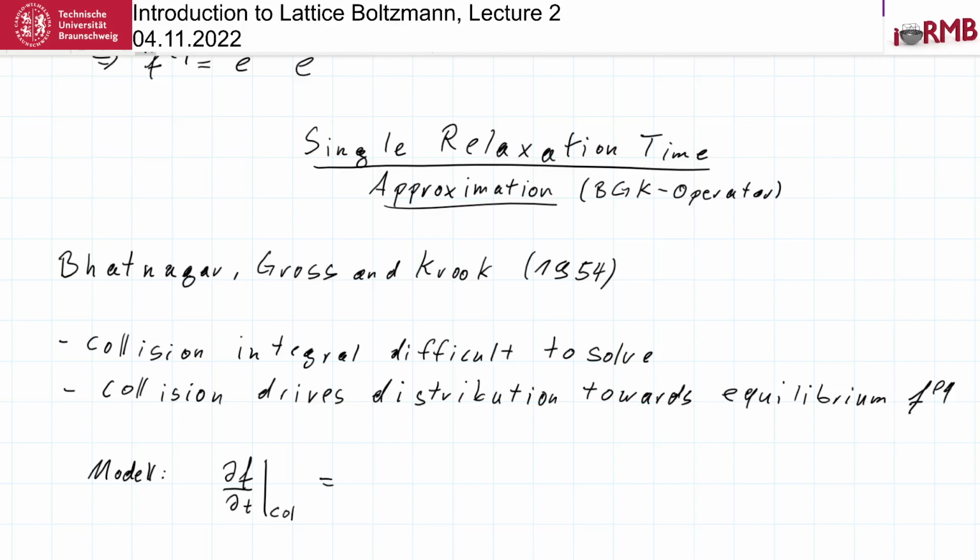This is described as the equilibrium function minus the pre-collision state. So equilibrium function minus pre-collision state is the distance between the equilibrium and the state that we enter, and we divide this by tau. And this tau is called the relaxation time.